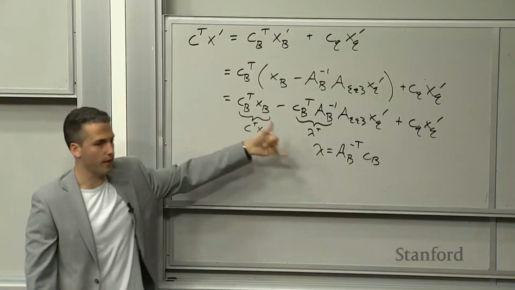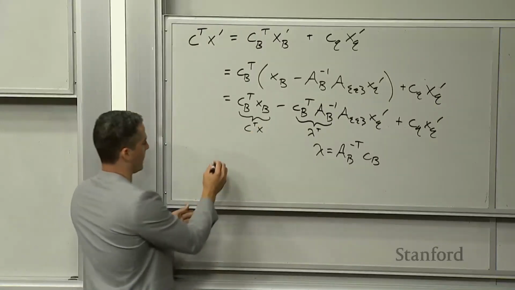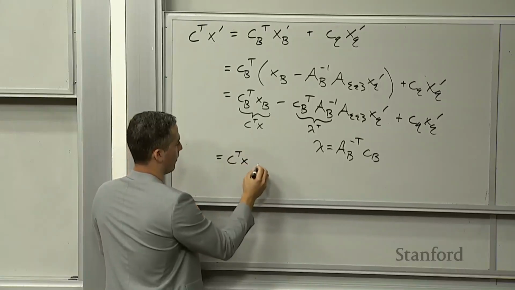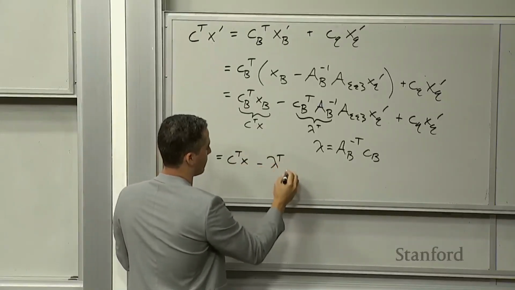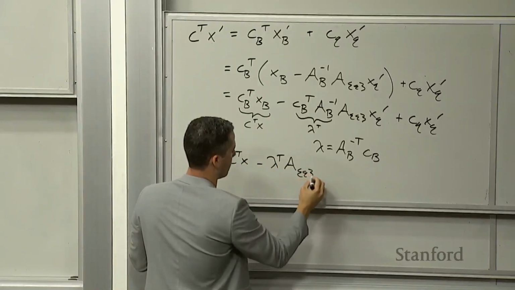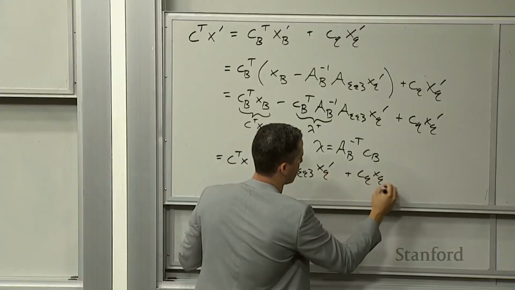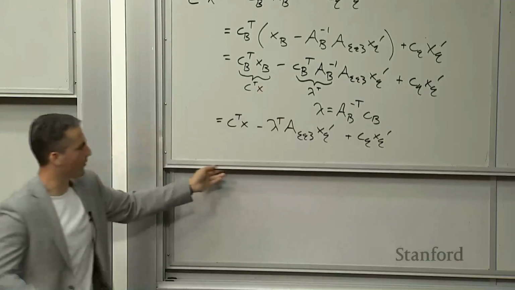We can make that substitution. Simplifying again, we get c transpose x minus lambda transpose A_Q x_Q prime plus c_Q x_Q prime. We're getting somewhere here.